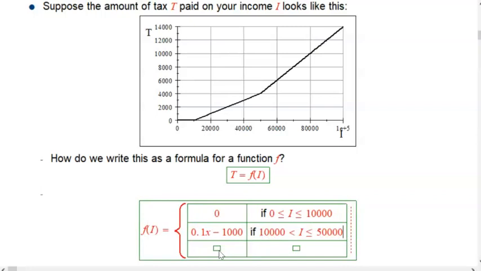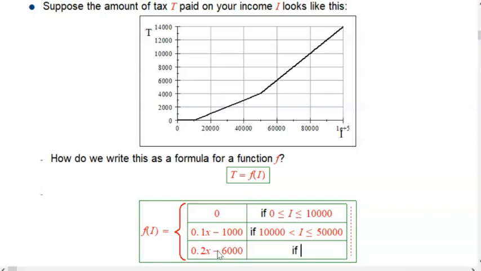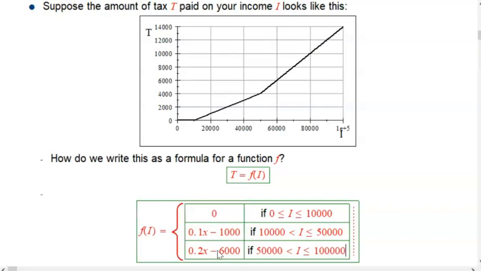That's the second piece. And it's going to be 0.2x minus 6,000 if 50,000 is less than I less than or equal to 100,000. Okay.